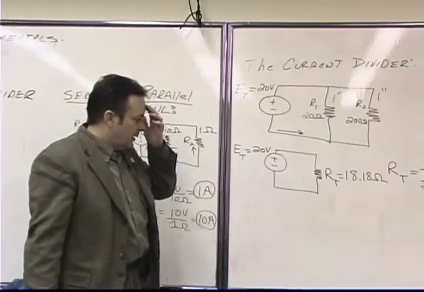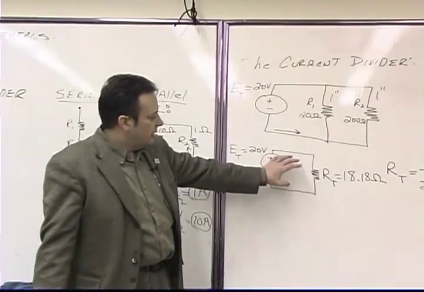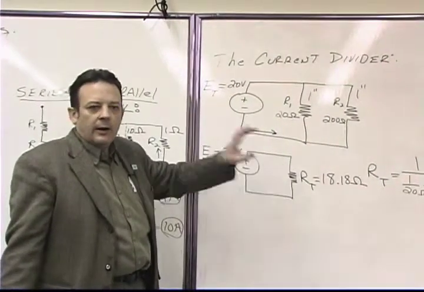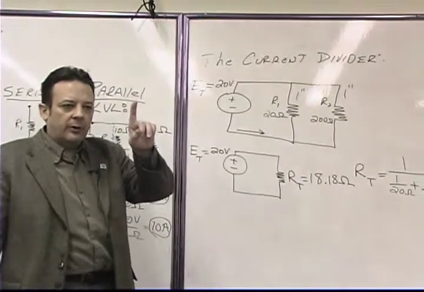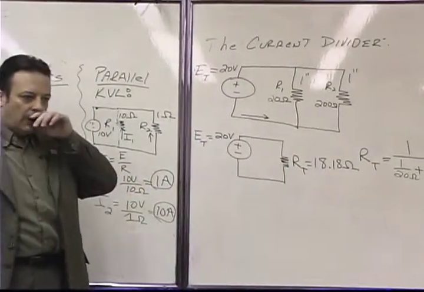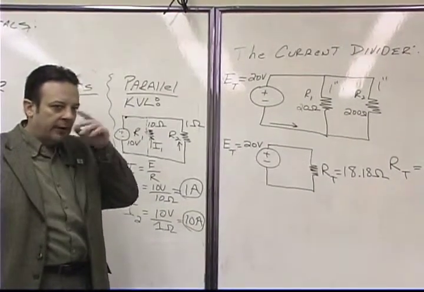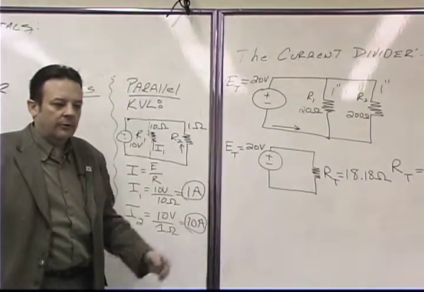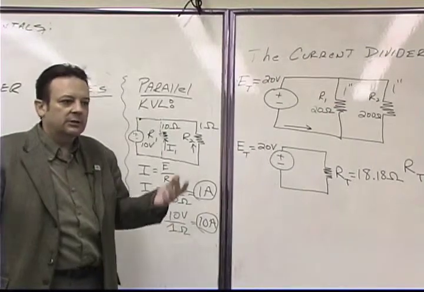Okay? Now, when I have the circuit in this form right here, where I have only one voltage source and one resistor, is it fairly simple for me to calculate the current? Right, and what would I use? What theory or law? I'd use Ohm's law, right?